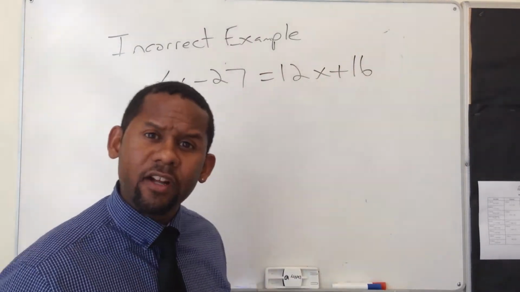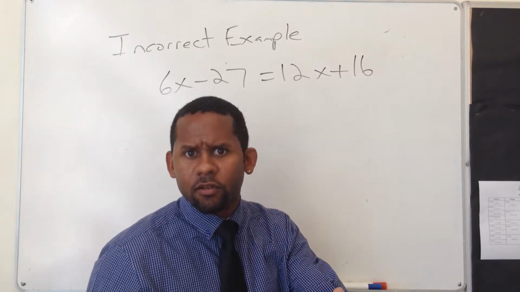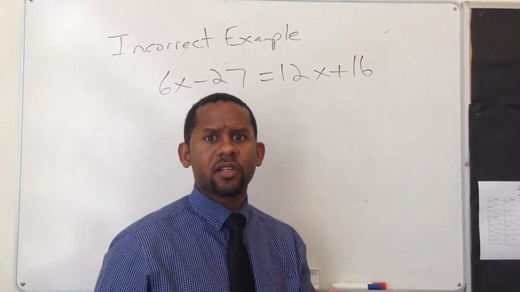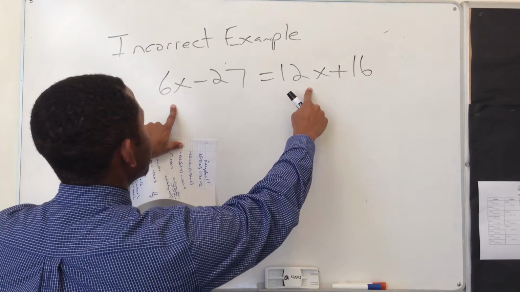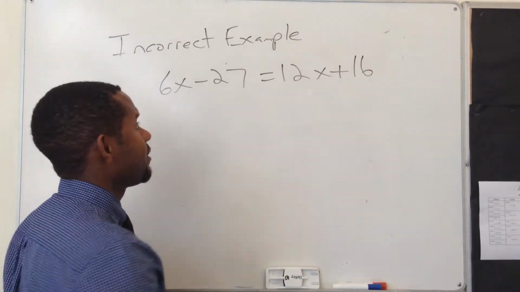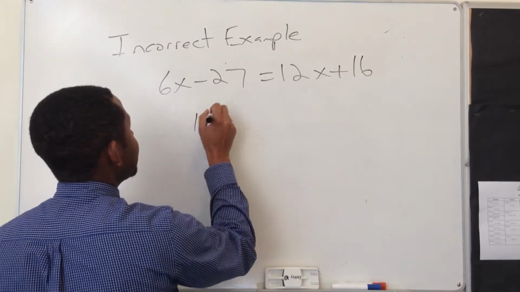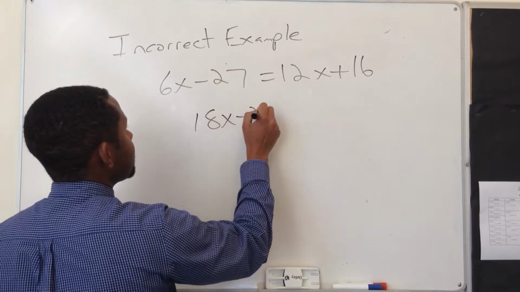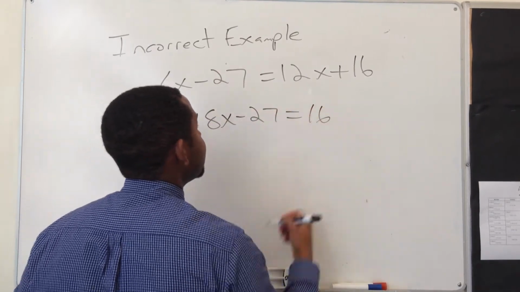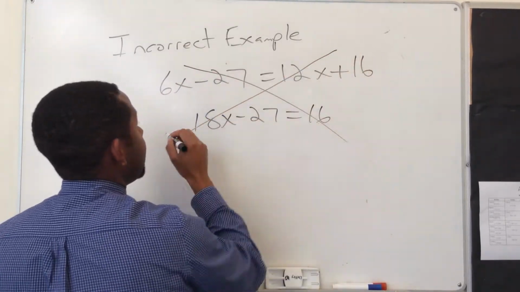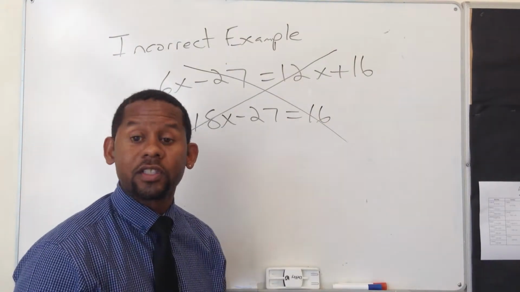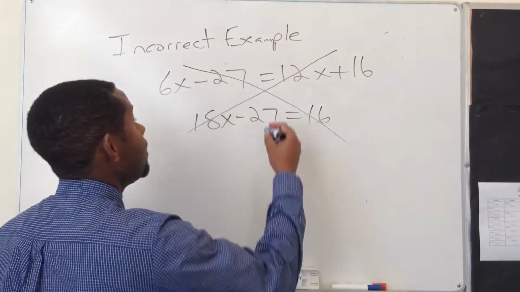And I'm telling you, hey, go through the 5 steps. You say, hey, Mr. Bass, I don't have to distribute. All right, Mr. Bass, combining like terms. Oh, 12 and 6 is 18. And then you put 18 together. So you go, oh, 12 and 6 is 18. 18x minus 27 equals 16. Wrong. Cross it out. Do not do that.